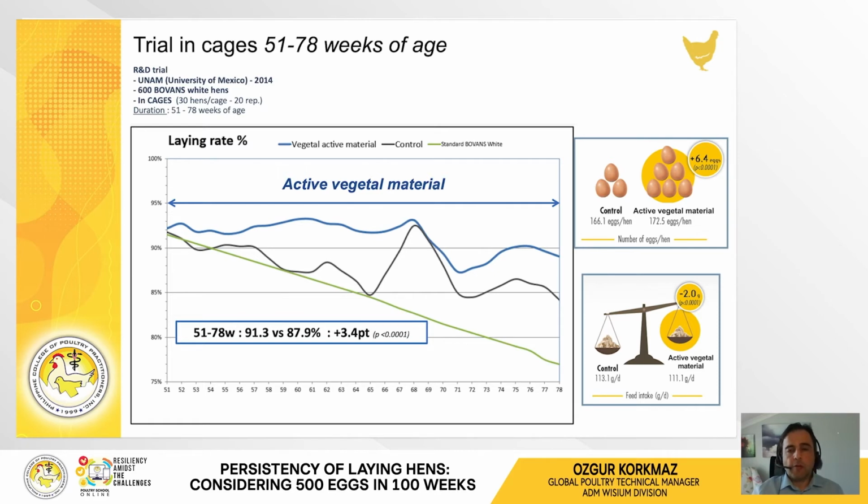We could get plus 3.4% more laying with the active vegetal material. It means 6.4 more eggs from each hen. Also feed consumption was 113 gram in the control group and 111 gram with active material. We could reduce 2 gram of feed per hen.